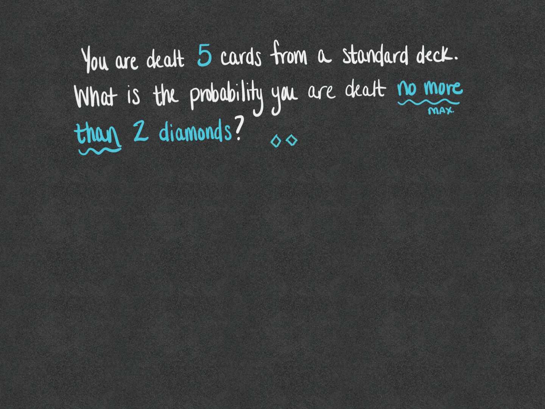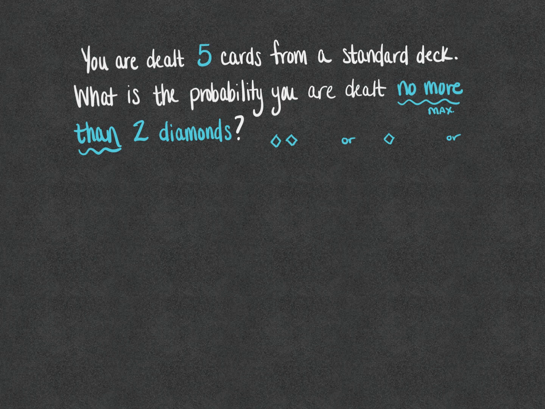that means we could have 2 diamonds, or we could have 1 diamond, or we could have no diamonds in our hand. Now, what are the other cards? Because remember, we need 5 cards in our hand. We don't just have 2 diamonds and then nothing else. There's 2 diamonds and there's 3 cards that are not going to be diamonds.